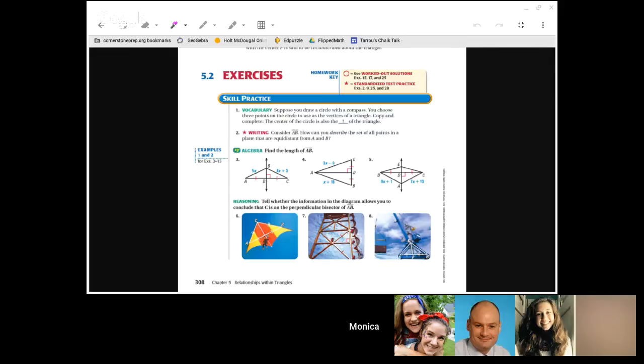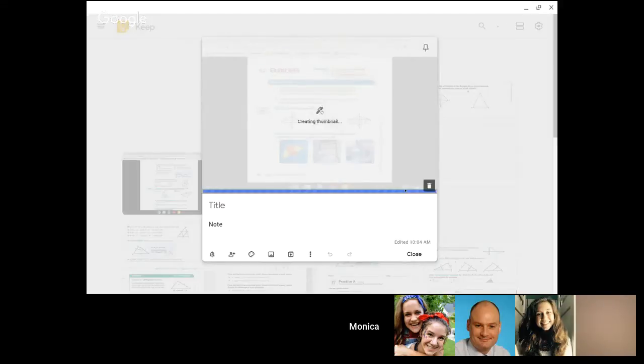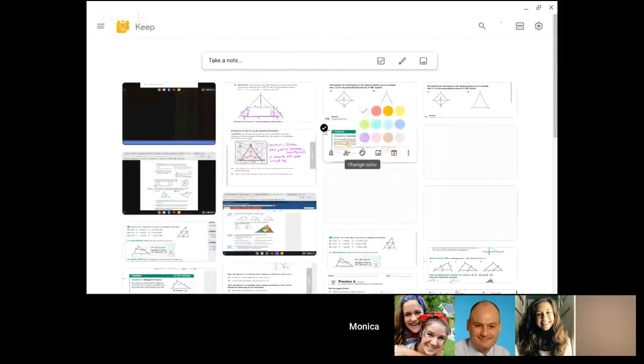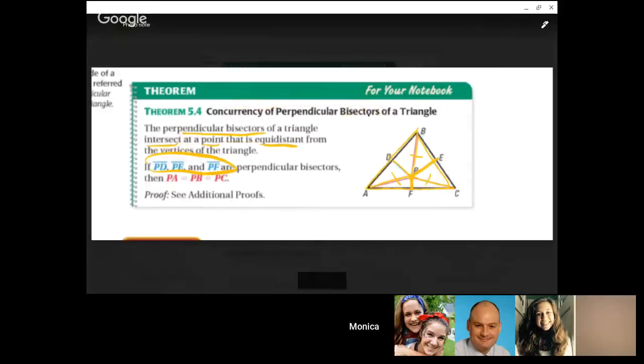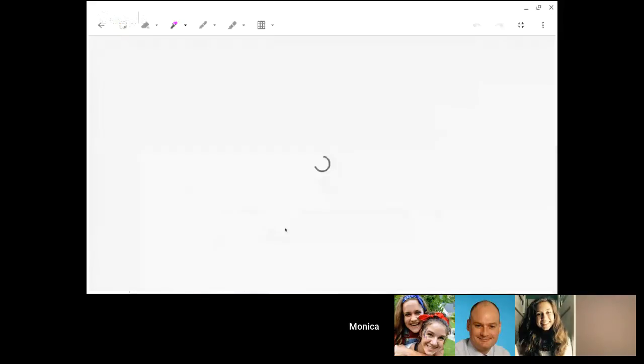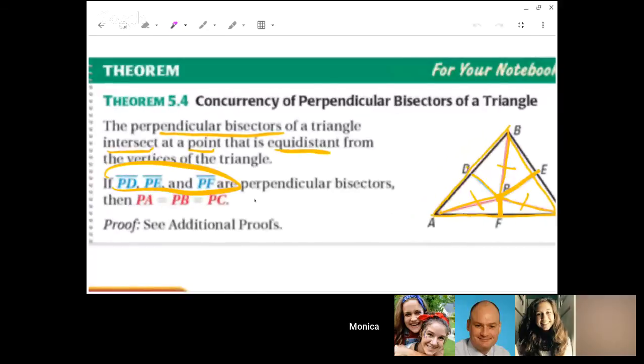Okay, you're welcome. All right, Charlotte Ann, number 14, I've worked a couple times. Let me see if I can pull it up. So for number 14, Charlotte Ann, this is the theorem you're going to need to use.